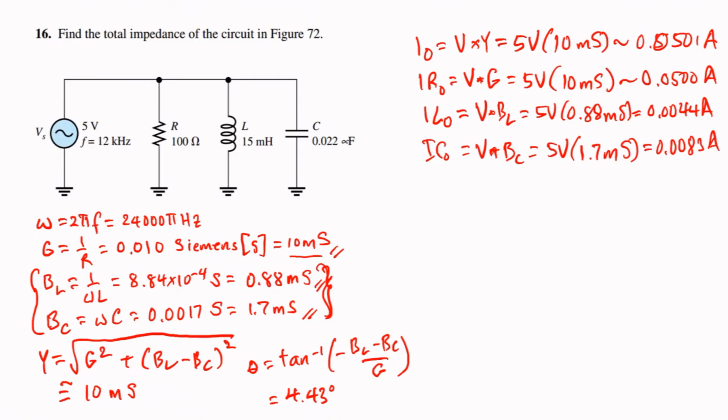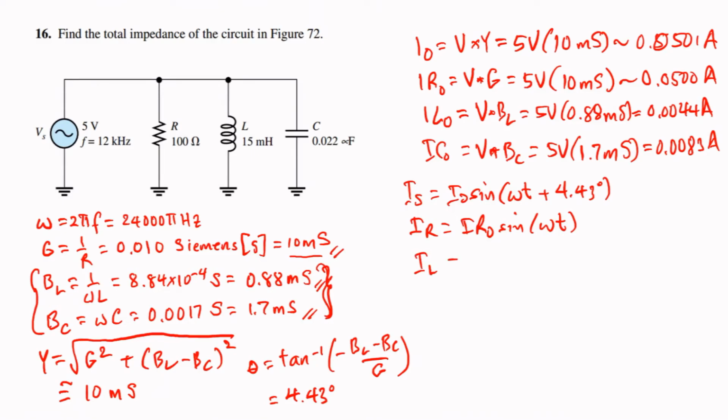So we can make a plot of the source current equal to this expression, which includes the phase angle, and the plot for the resistor current, which is equal to this expression. We assume that the phase angle is relative to the resistance. I_L is equal to I_L0 sine of omega t plus 90 degrees, and I_C is equal to I_C0 sine of omega t minus 90 degrees.